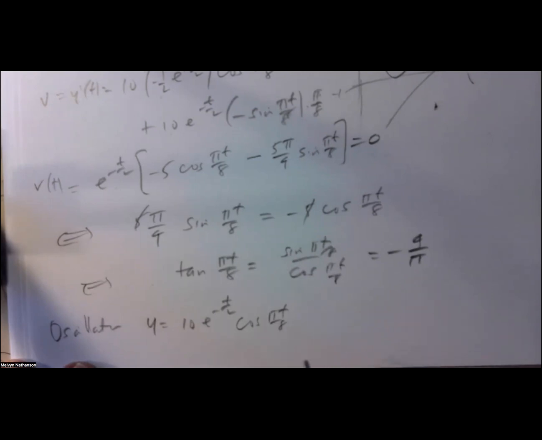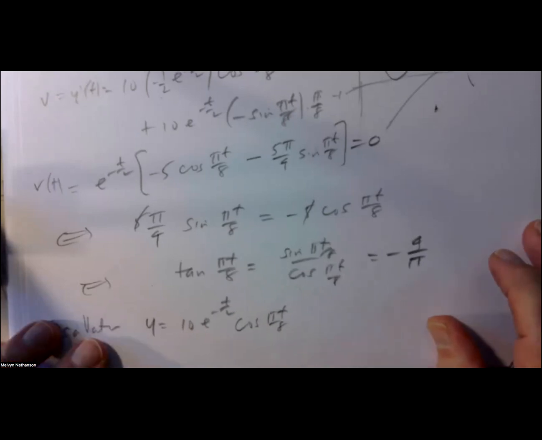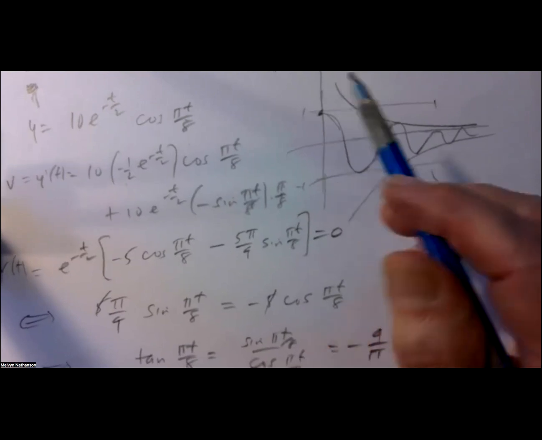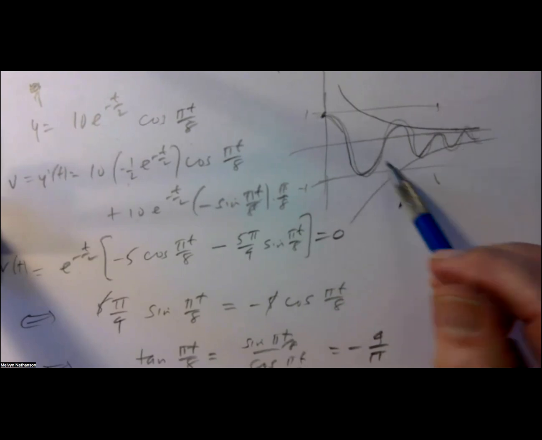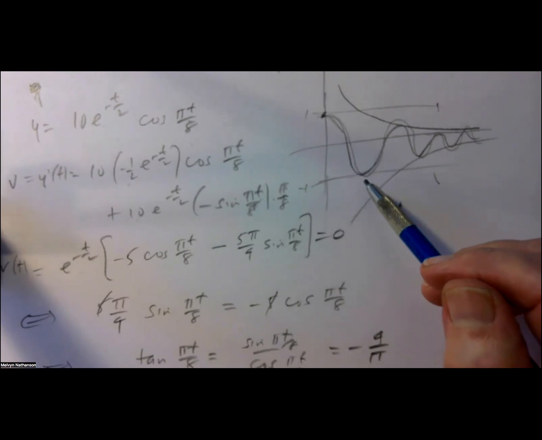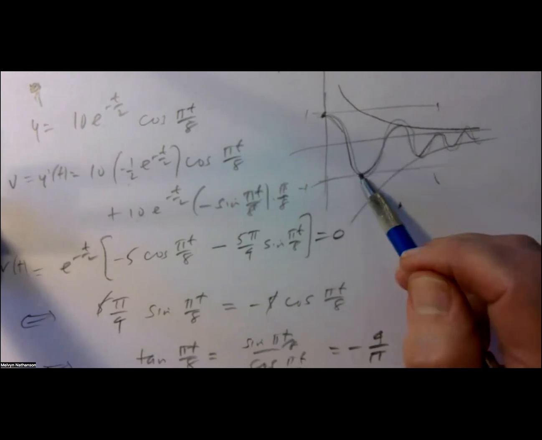So what's going to turn out, it's hard for me to do this without talking about maximum and minimum too much. But the oscillation, this damped mass oscillating on the spring goes down and up and down and up and down and up.